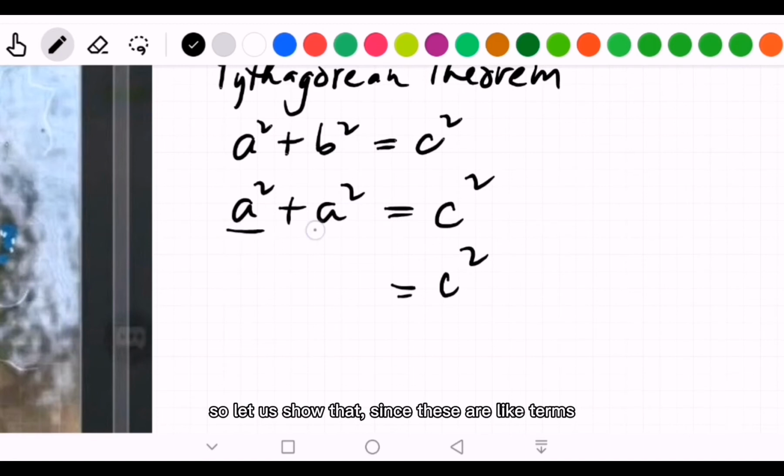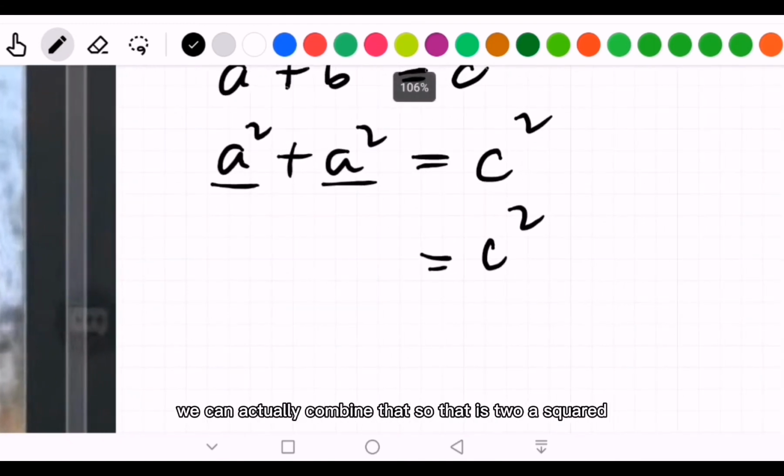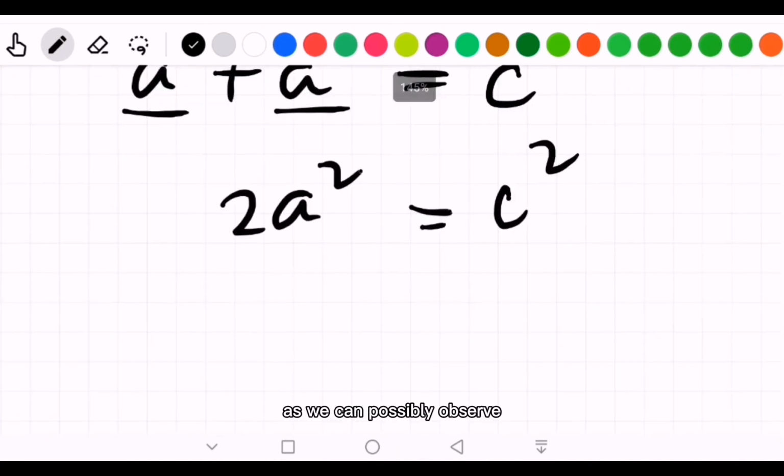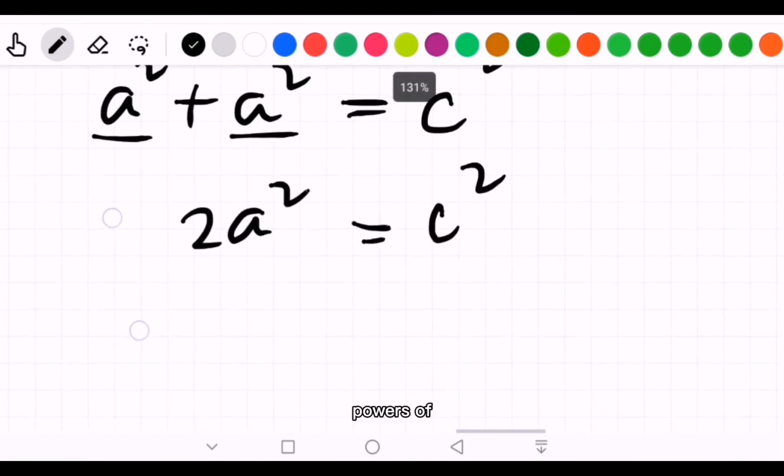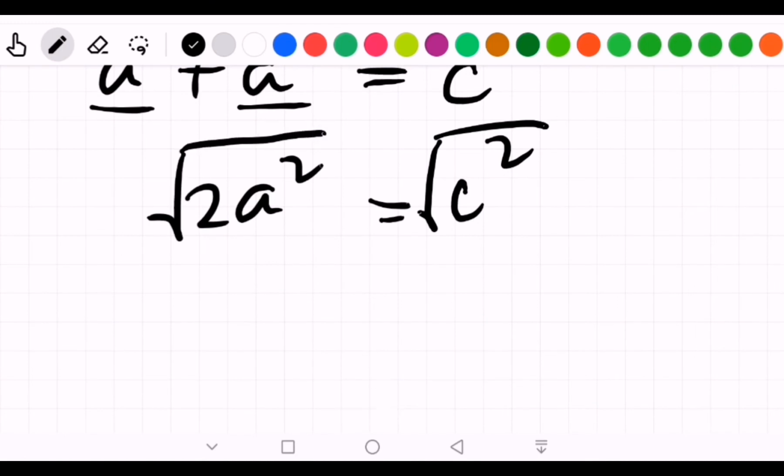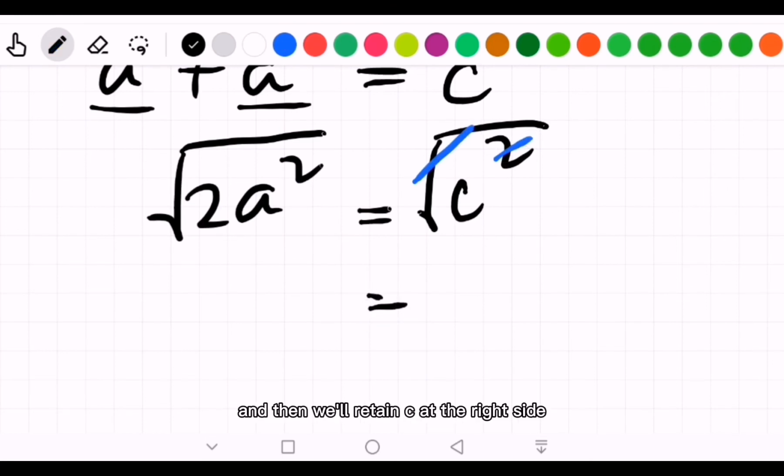Since these are like terms which have the same base and an exponent which is the power of 2, we can combine them, so that is 2A squared. And as we can observe, we can cancel out those powers by using a square root. So the square root of C squared is C, because that will cancel out, and we'll retain C at the right side.